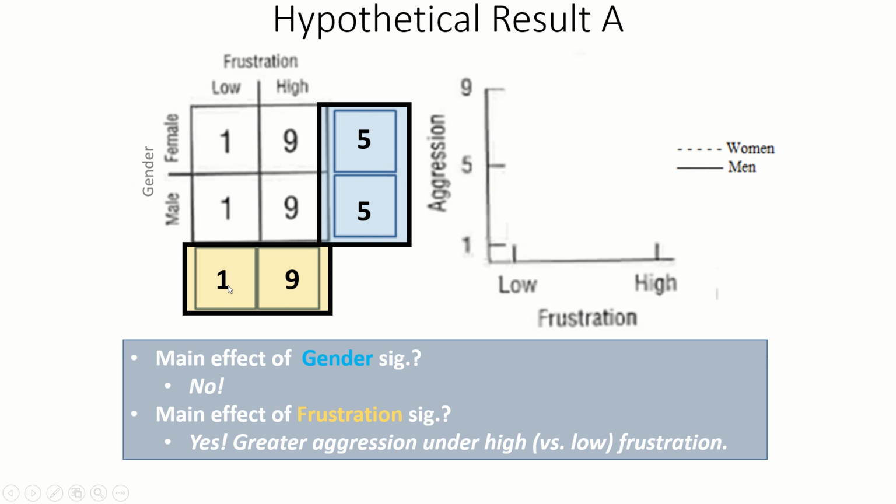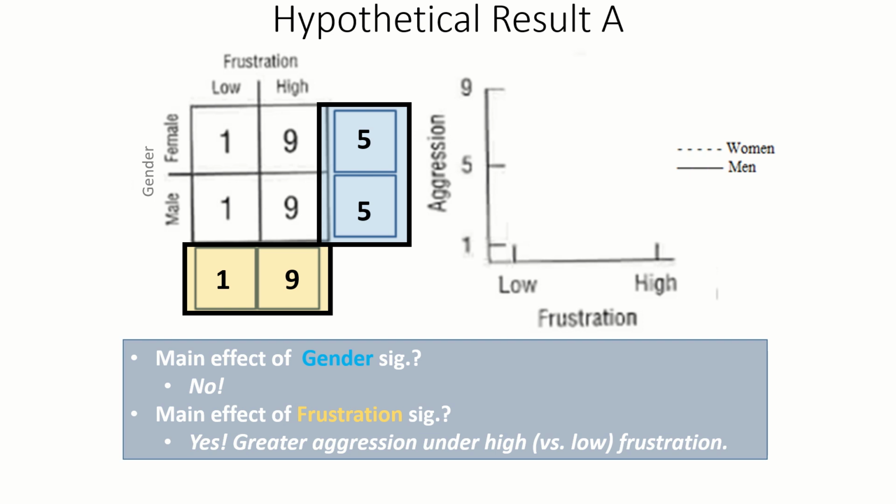So we are seeing a numerical difference here for the marginal means under low versus high frustration, right? People are exhibiting greater aggression under high versus low frustration. So far, we know that overall there's no gender difference. There's no significant main effect of gender. There is a significant main effect of frustration, such that people are exhibiting greater aggression under high frustration versus low.